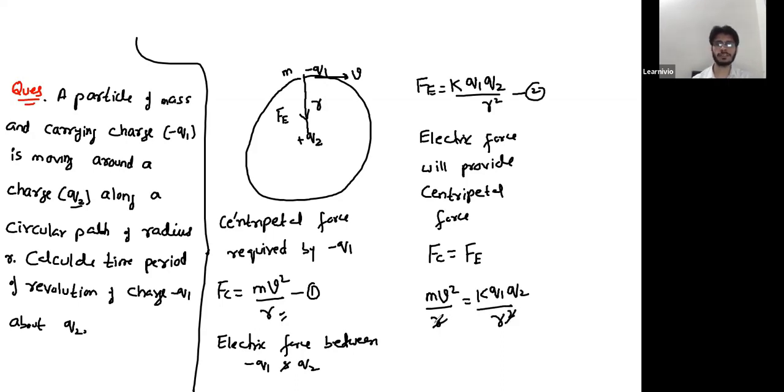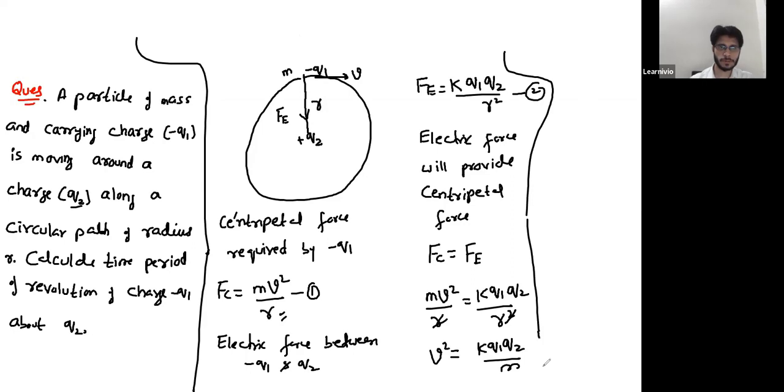One r will cancel with r square, leaving one r. So v square is K Q1 Q2 over m r, and your v is root over K Q1 Q2 over m r. This is the velocity with which minus Q1 will revolve around Q2.